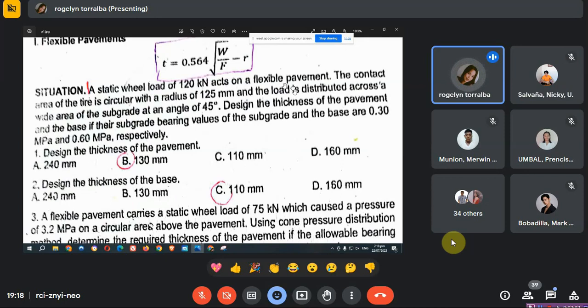Design the thickness of the pavement and the base if the subgrade bearing values of the subgrade and the base are 0.30 megapascal and 0.60 megapascal respectively, meaning the stress on the subgrade is 0.30 or the stress on the base is 0.60. It cannot be interchanged because of the word respectively.